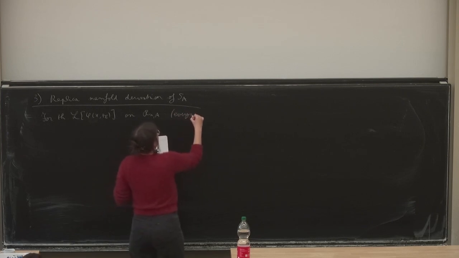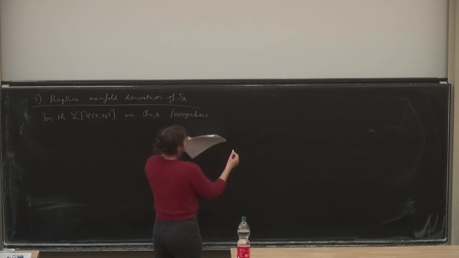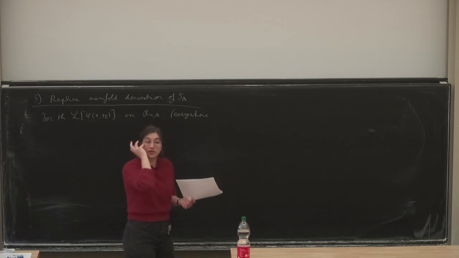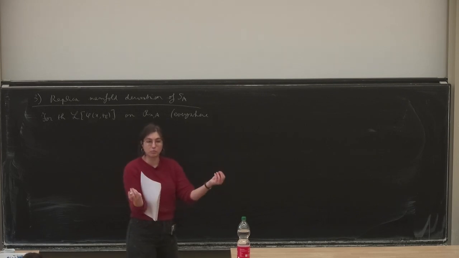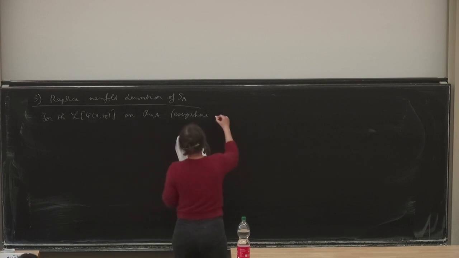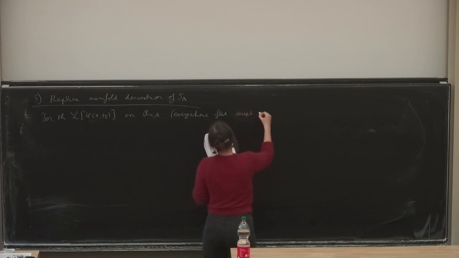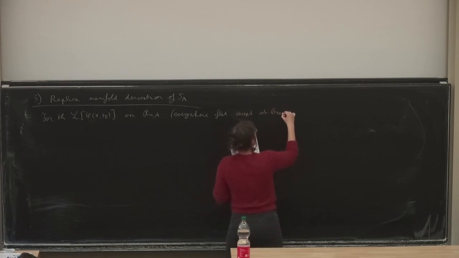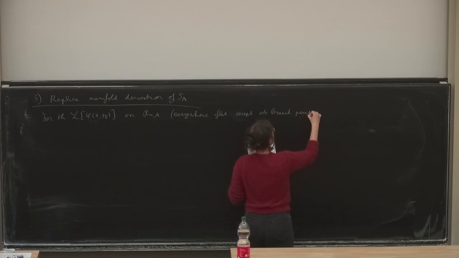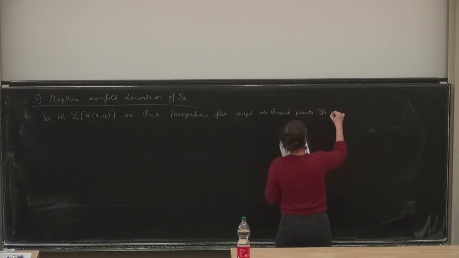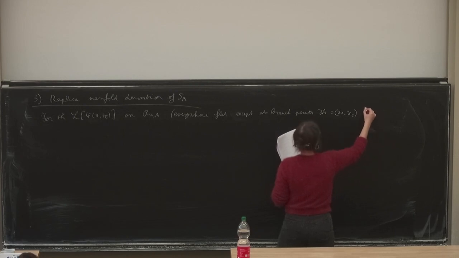And if you remember from yesterday, this is this special manifold that is everywhere flat except at those two special points where there are conical singularities. So that was the characteristic of this manifold. Everywhere flat except at the branch points, which are x1, x2.